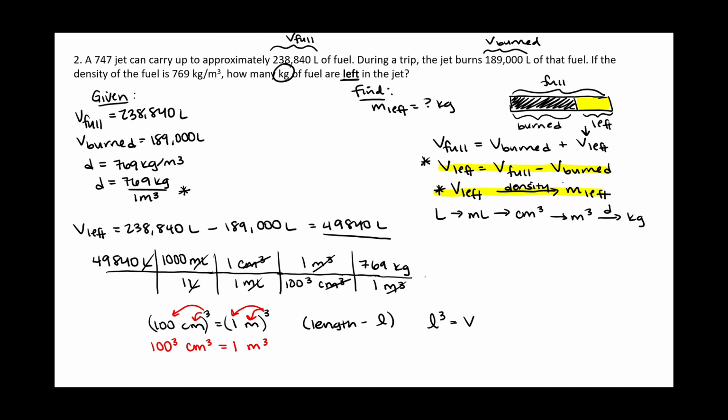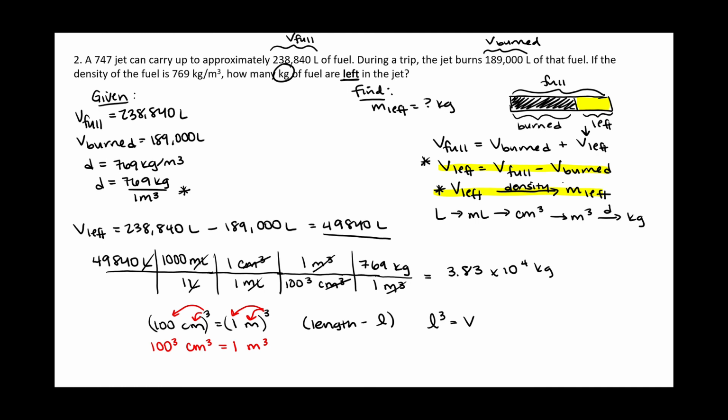It looks good to me. If I put that in a calculator, and round to 3 significant figures, I get 3.83 times 10 to the 4th kilograms.